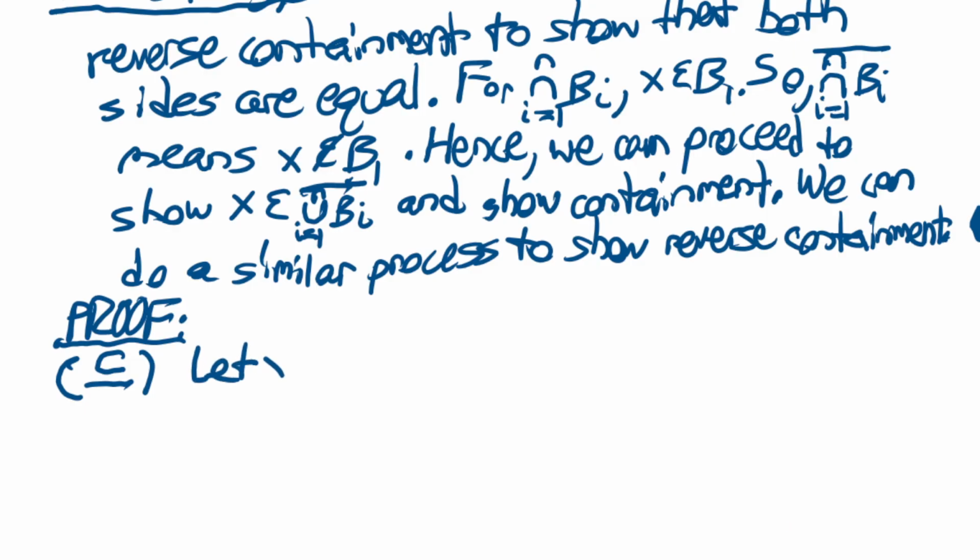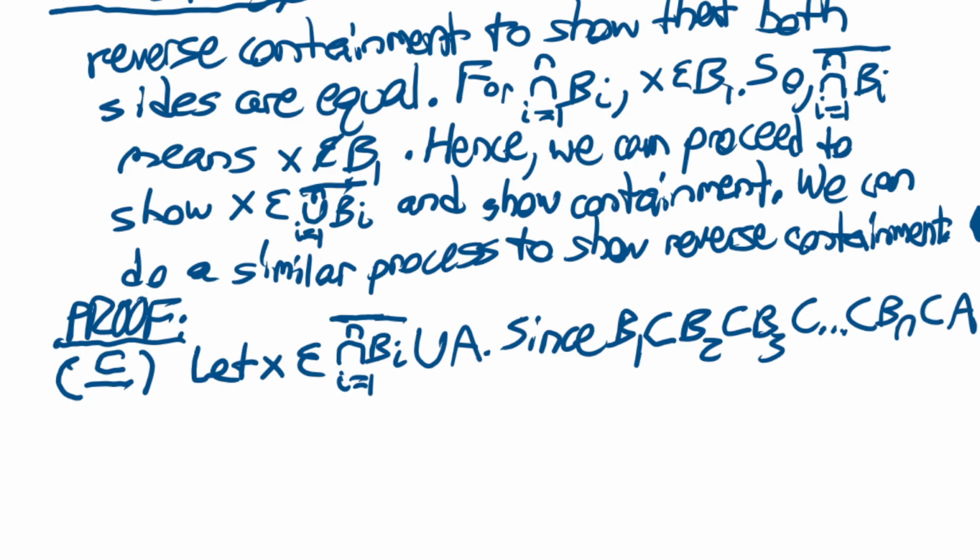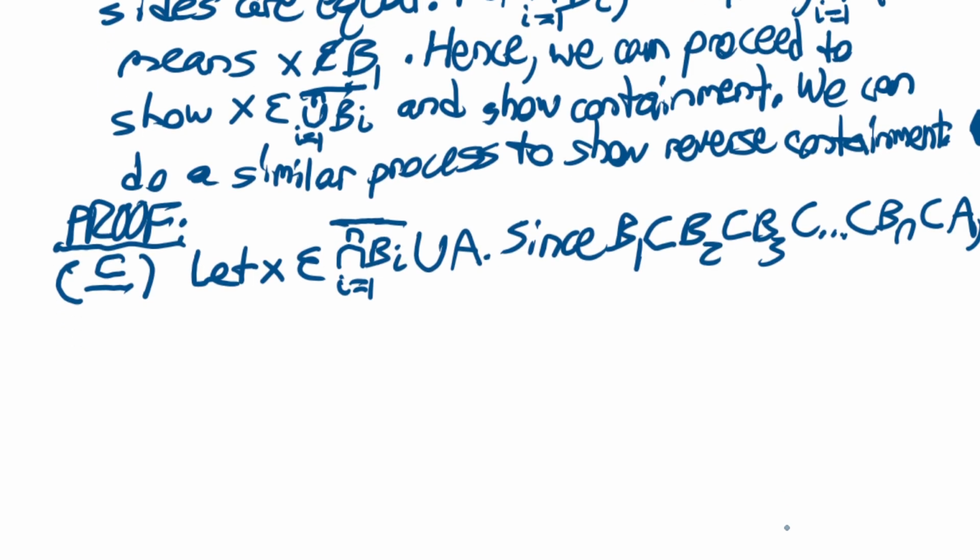So let X be an element of the complement of the indexed intersection of sets Bi union A. So since B1 is a proper subset of B2 is a proper subset of B3, so on and so forth, a proper subset of Bn is a proper subset of A, then X is not an element of B1 and X is an element of A because we have union with A.